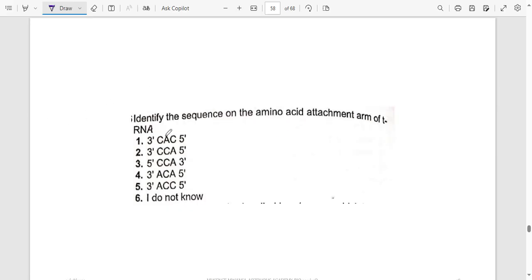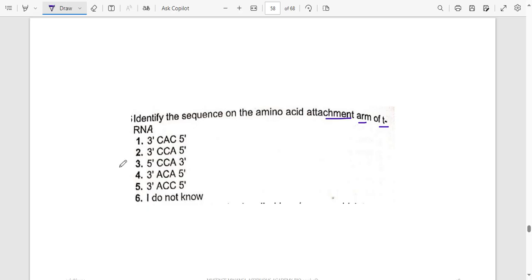This one is what I wanted. Identify the sequence of an amino acid that attached to the arm of the tRNA. Which sequence of the amino acid? 3 prime CAC 5 prime, 3 prime CCA, 5 prime CCA, 3 prime ACA, 3 prime ACC. Which one? 3 prime CCA 5 prime.